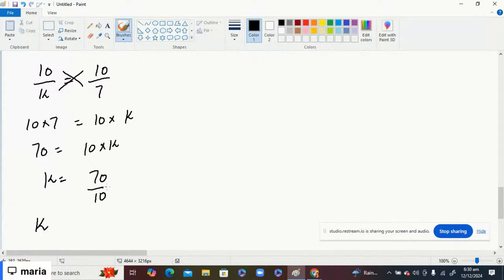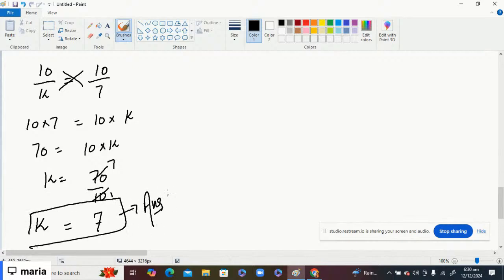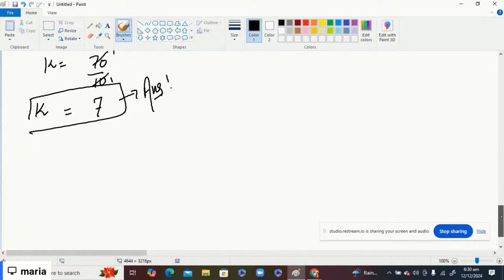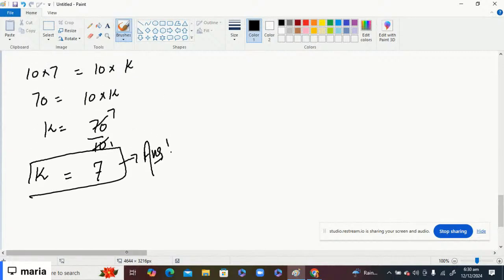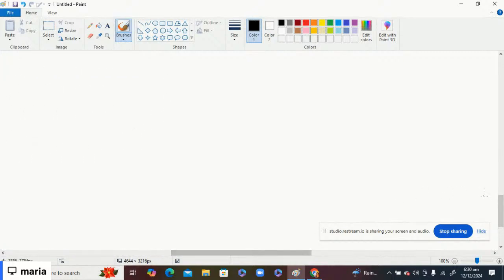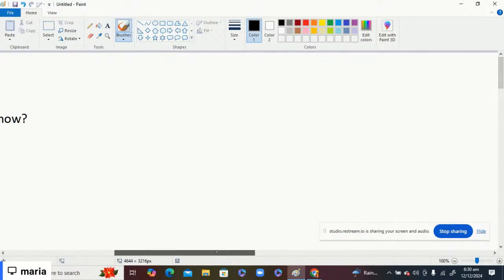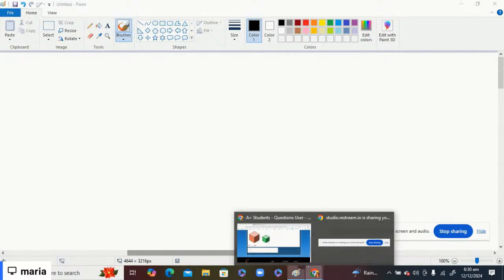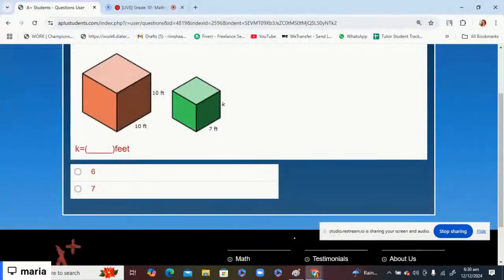So your value of k is 10 times 1 is 10, 10 times 7 is 70. So your k is equal to 7 and that is your answer. So this is 7.